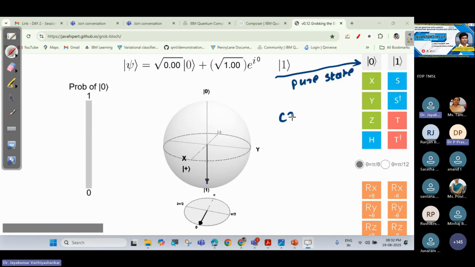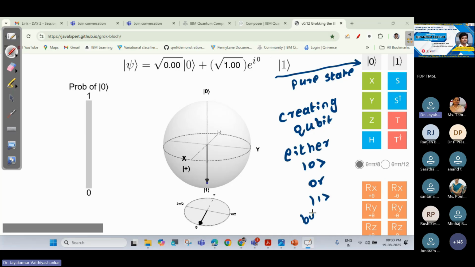If you are creating a qubit, you need to create it in state 0 or state 1 by default. Why? Because these are known quantum states to us.